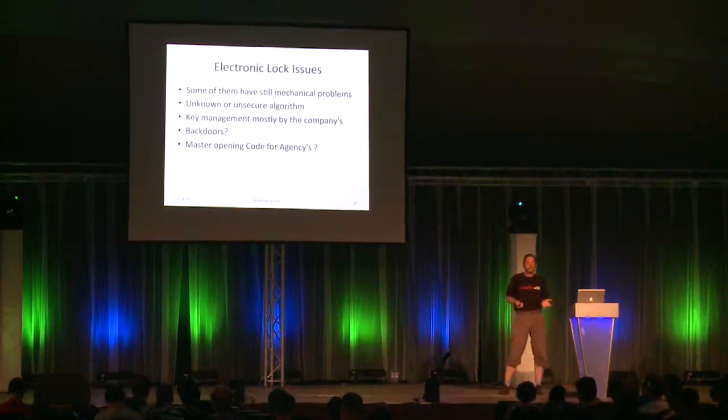Even the electronics may have some backdoors in them, you don't know. You don't know if the electronics have a backdoor programming on it or something like this, or even a master opening code for some agencies.